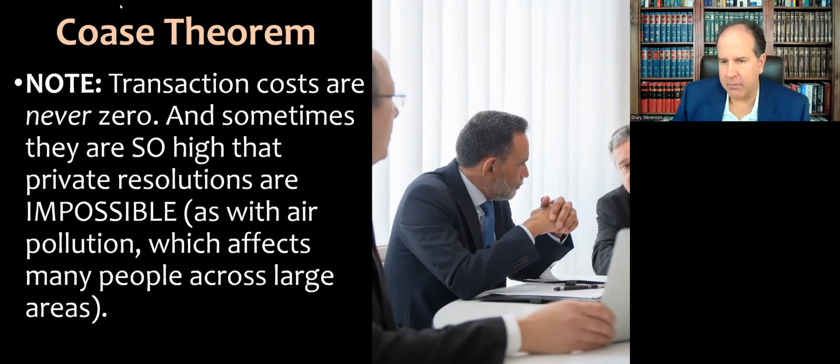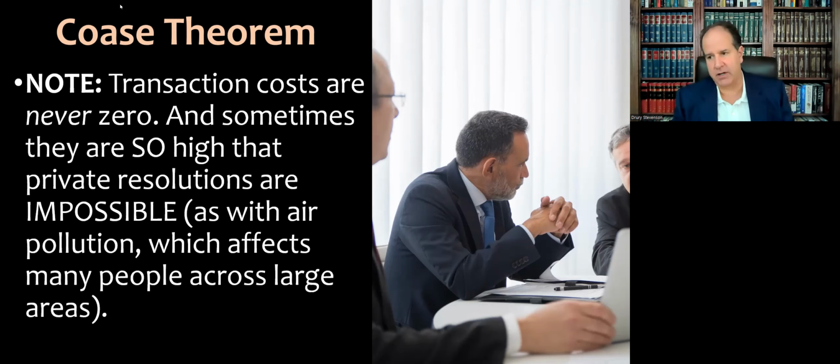Now maybe the people who live in Vermont could all get together and pay the Ohio power plant to stop putting out so much pollution, but it's really hard to get that many parties together, right? So the transaction costs are just inconceivable. So if you have pollution that affects many people across large areas, then we really have a problem. We're not going to have a transaction result from this.